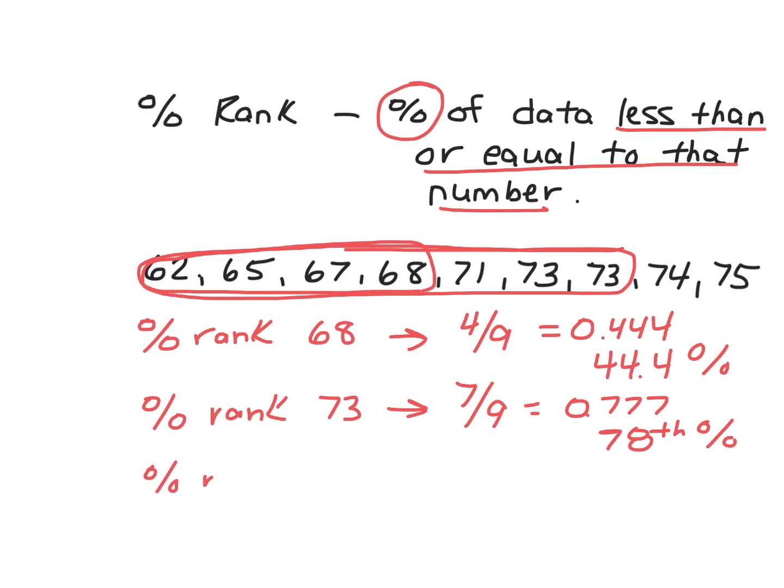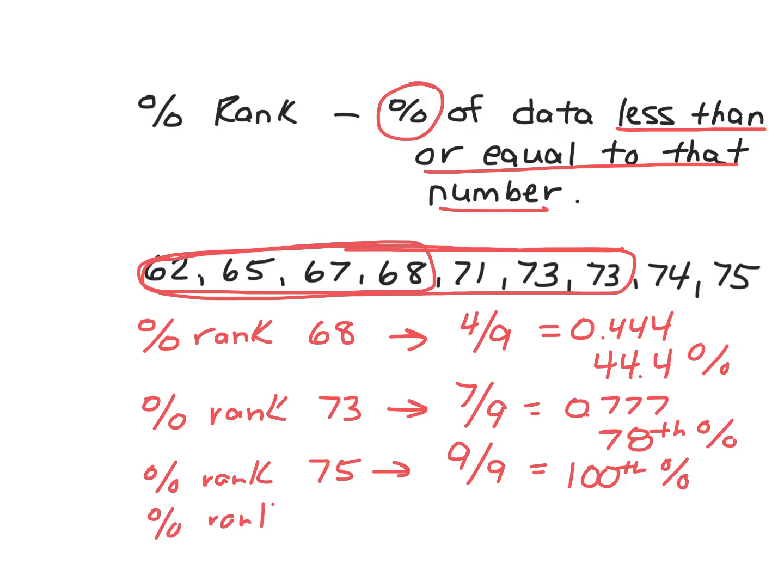The percentile rank of 75 is all of these numbers. So that'd be 9 out of 9. So that would be at the 100th percentile. That means that you have scored the best.